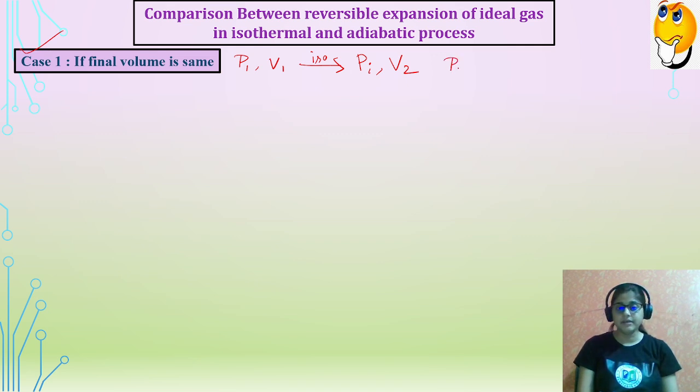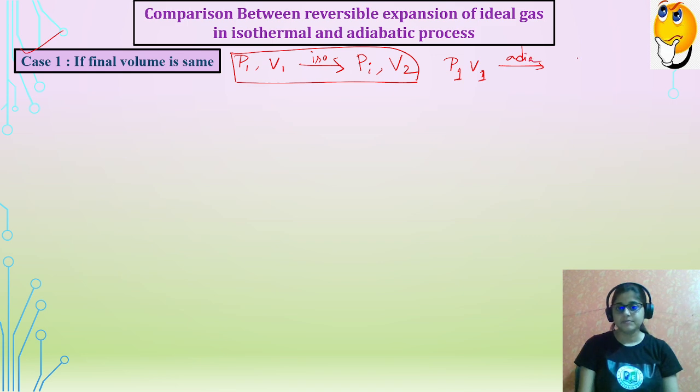For adiabatic, again the same system, so P1 V1 will be the same obviously. So let's take a box here. P1 will be the same, and it is adiabatic.